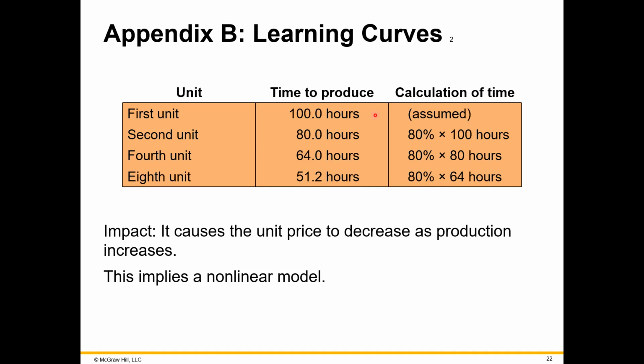As you can see, the more units you produce, the more efficient you get, but that efficiency starts slowing down. The second unit only took 80% of the time of the first, but then it took 4 units to get that same percentage of improvement. And then it took 8 units to get to that same level of improvement.